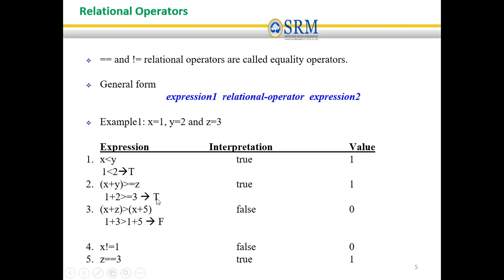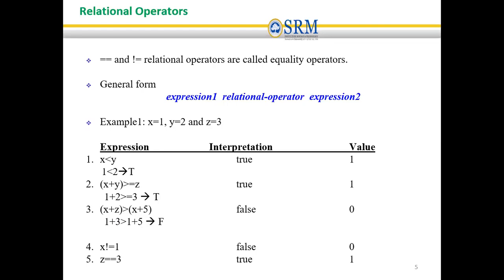which will give you the result as true. If we go to the third example, x plus z greater than x plus 5, which will give you 1 plus 3 greater than 1 plus 5. So 4 greater than 6 is false. So the final value will be 0. We go to the fourth example, x not equal to 1 is false because x is actually 1, and 1 is equal to 1 is true.